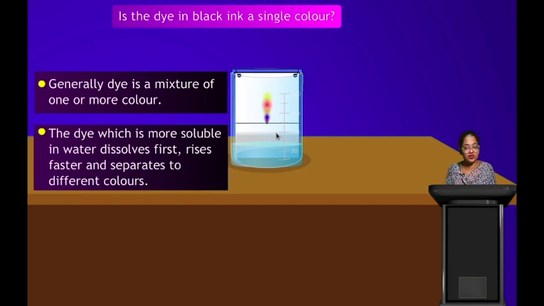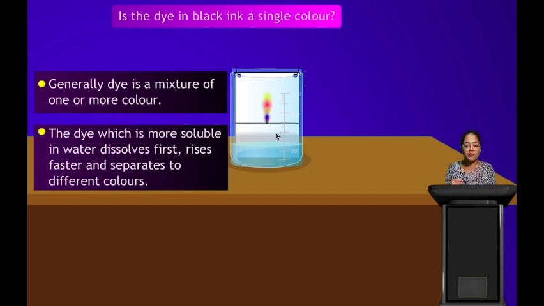So it dissolves first, and then it rises faster and separates into different colors. Yellow dissolves first and rises faster than the other components. Then comes red, which dissolves after yellow and rises to some extent, and then blue also dissolves in the water and rises to some extent.